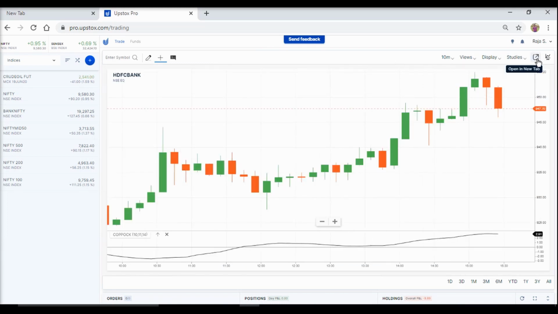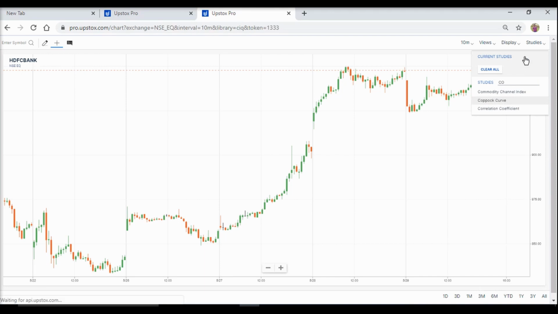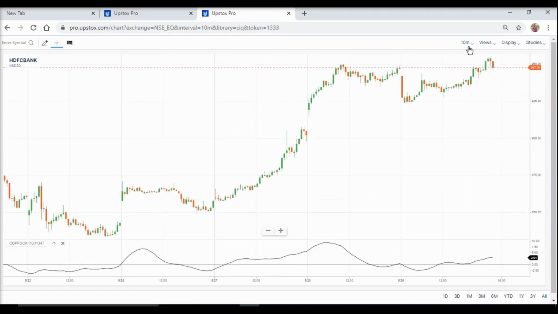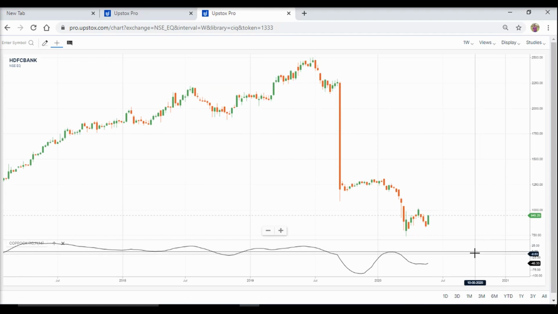I'm just opening it in a new window. I'm choosing the Coppock, and in this I'm changing the interval to week since I'm going for the long term. I'm zooming this out.